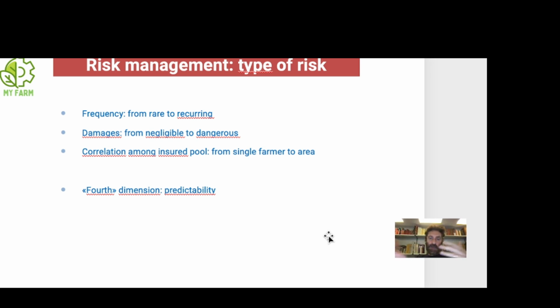So risk can be classified along a line that goes from idiosyncratic risk to systemic risk, that is, events which simultaneously affect many farmers, many areas.